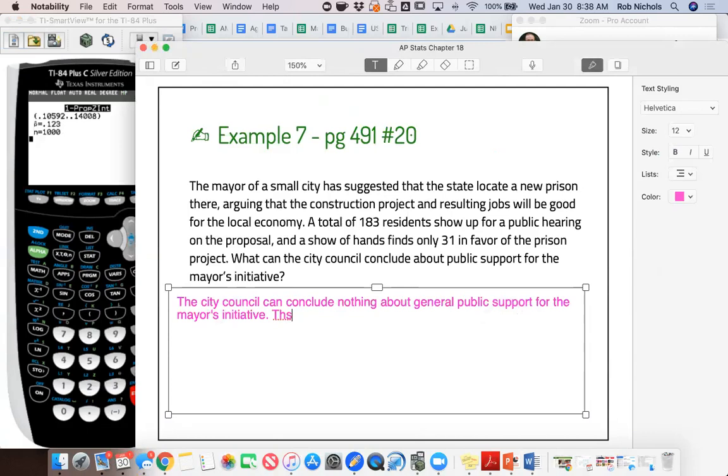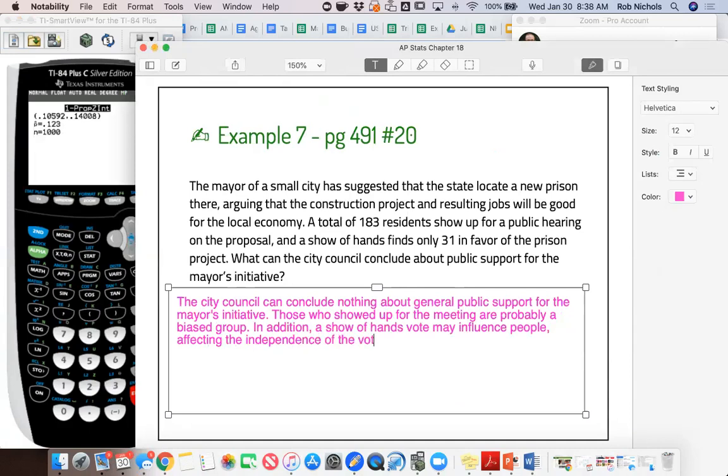Okay, those who showed up for the meeting are probably a biased group. In addition, a show of hands vote may influence people, affecting the independence of the votes.